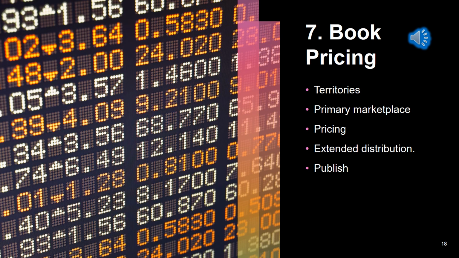Okay, so on the book pricing, we've covered it, but I just want to cover a few things that I think are important. We've covered territories, the primary marketplace, always make it Amazon.com. The pricing, I've talked about using the psychological trick of using 0.99, or if 99 is too far for what you want to price the book, make it 0.50.